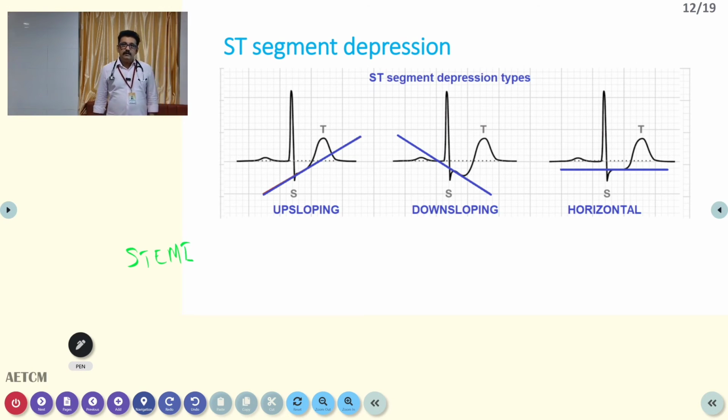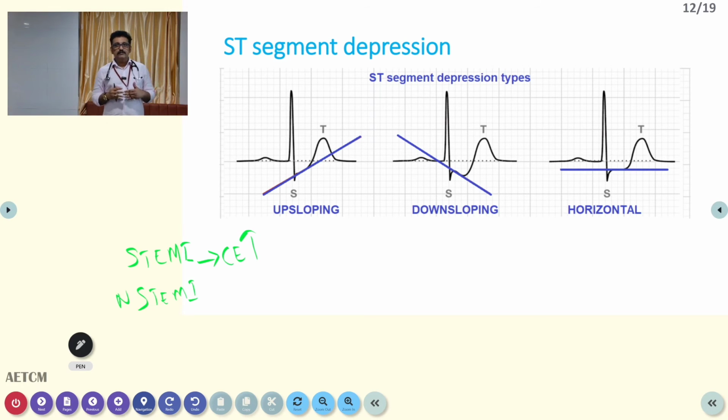If ST is not elevated and cardiac enzymes are elevated, then it is NSTEMI, non-ST elevation MI. So the difference is mainly cardiac enzyme elevation. If cardiac enzymes are elevated, then it is myocardial infarction, whatever the change. If cardiac enzymes are not elevated, then it is ischemic heart disease. But both have similar features.